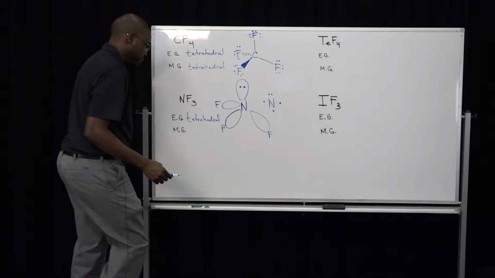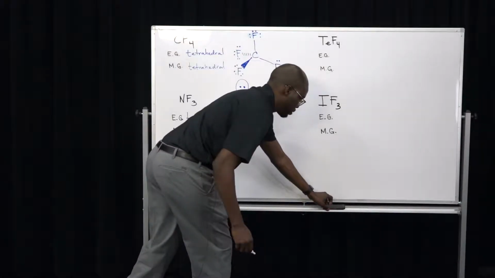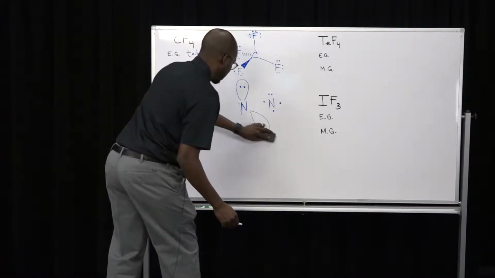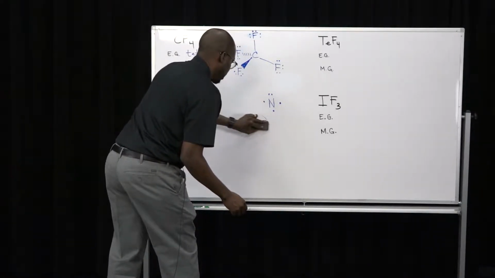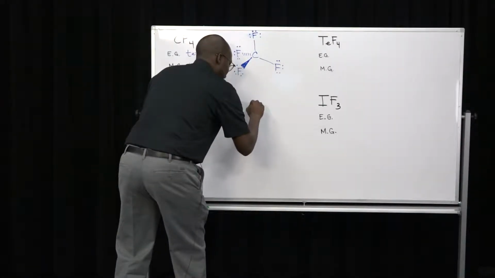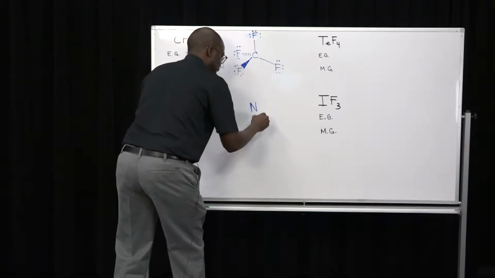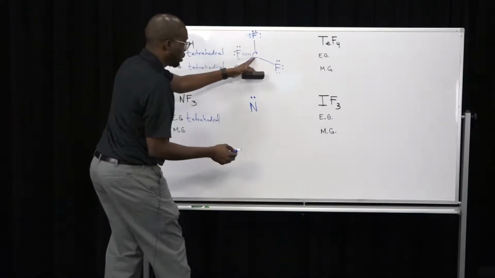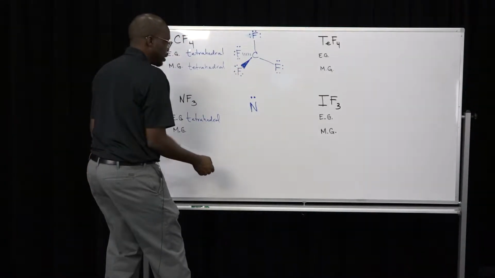What you'll find is, I'm going to erase this just so I can have better clarity. So nitrogen here, we have our lone pair. And I'm going to draw it just like I did with carbon tetrafluoride.